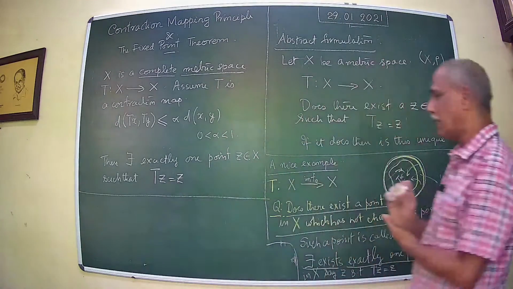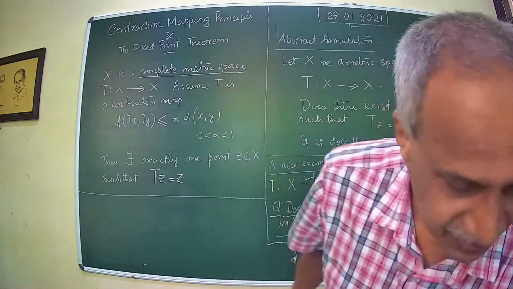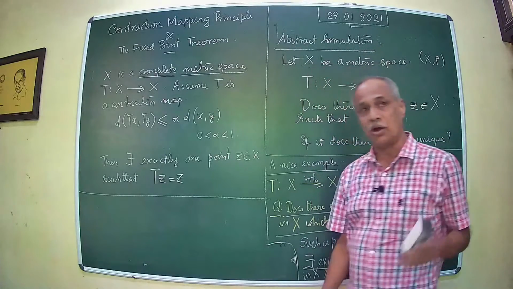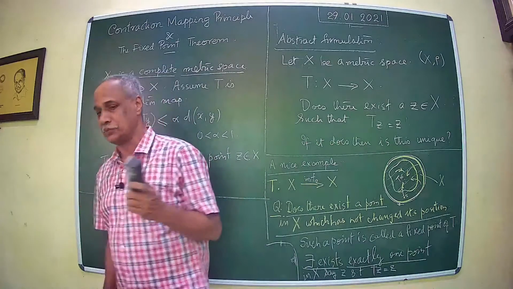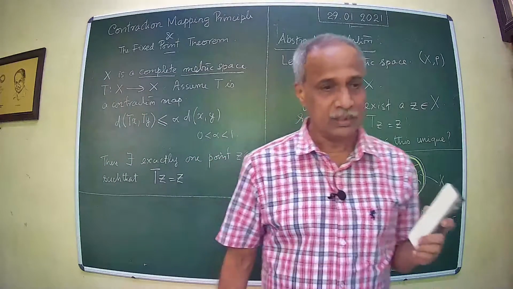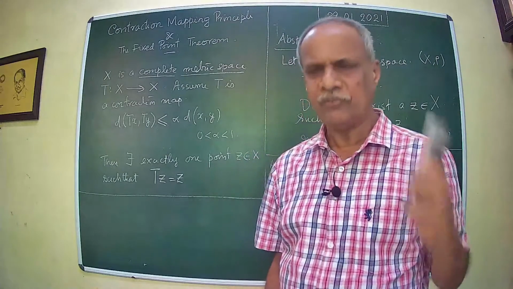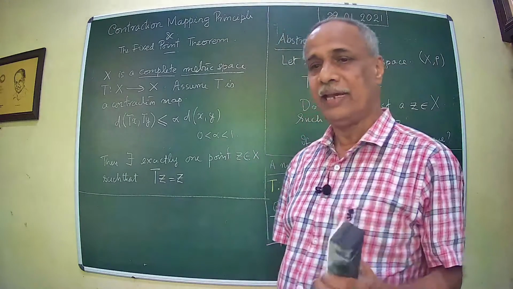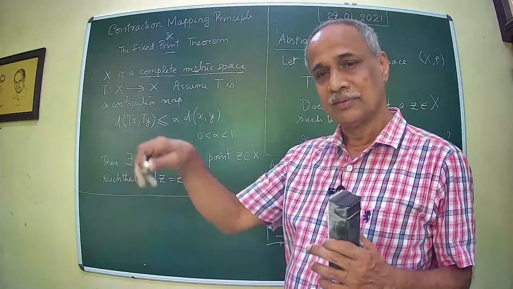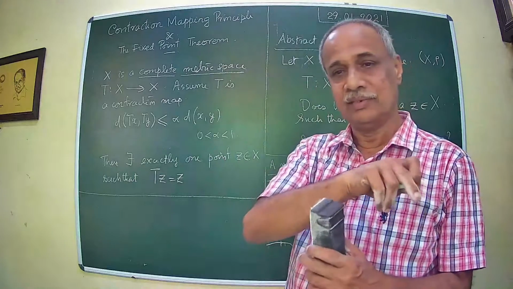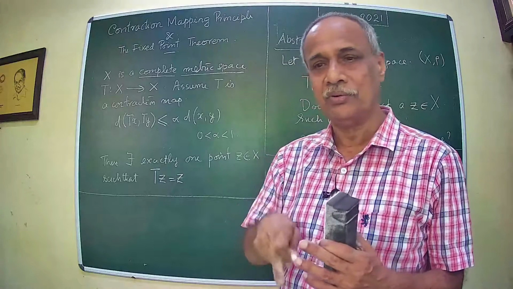Now, let me see how you prove this. The proof of this is not very difficult. You do a very natural thing. You are all familiar with what is called Picard's approximation. What do you do for Picard's approximation? You start with some function, put it inside that integral, and then compute a function. So you start with some y0, then compute y1, then compute y2, and so on.